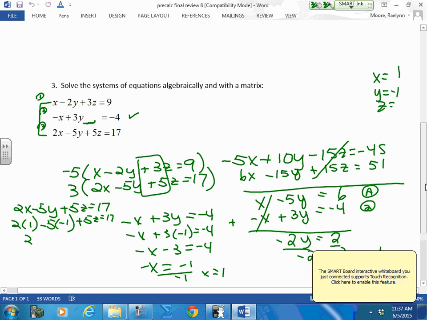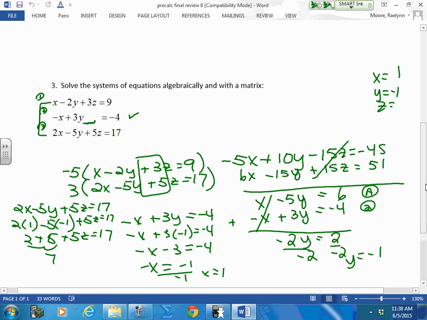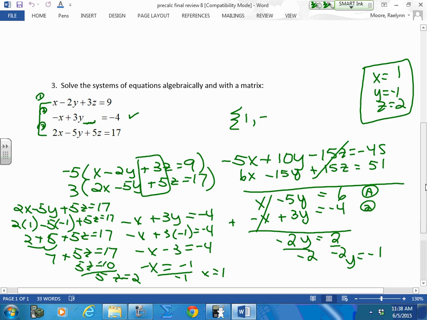So this gives me 2. A negative times a negative is a positive. Subtract. Therefore, z is equal to 2. Now, you can give me your solution like this, or put it in the XY order.